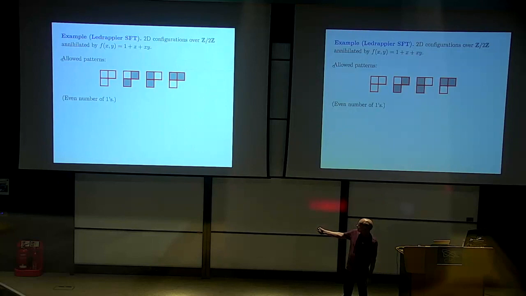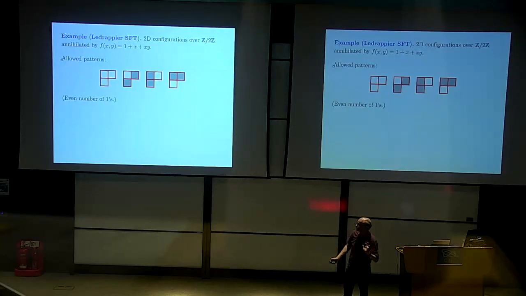So this triangle is your shape. No matter where you place it in the configuration, you will see an even number of black cells. In other words, 1 plus x plus xy is an annihilator modulo 2. If you view the blacks as 1s and whites as 0s, no matter where you do this calculation, you get 0 modulo 2. So you have an even number of blacks. You are annihilated by this polynomial, but modulo 2.